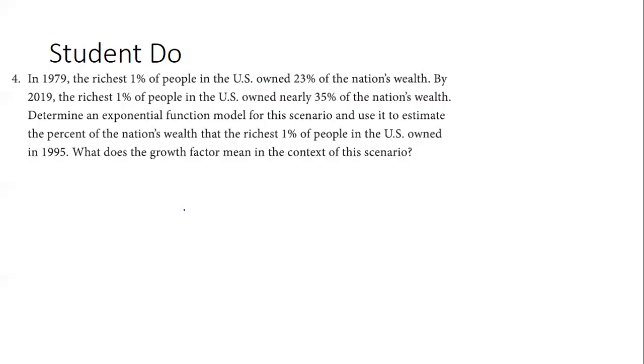So when we looked at the information, we had 1979 was 23%. 2019 was 35%. It wants us to create an exponential function model, and it wants us to find out 1995, right? So 1979 is going to be my 0. Agreed?